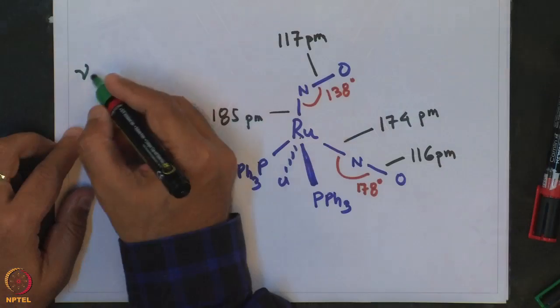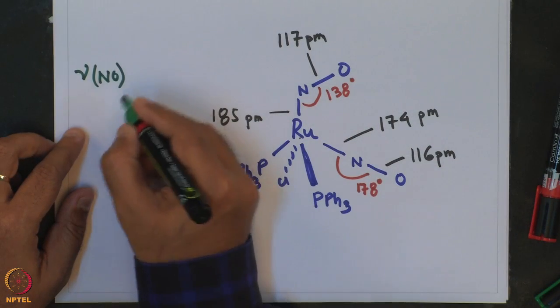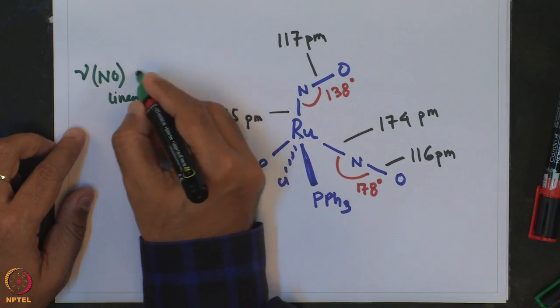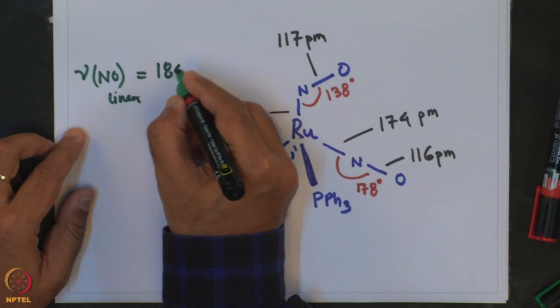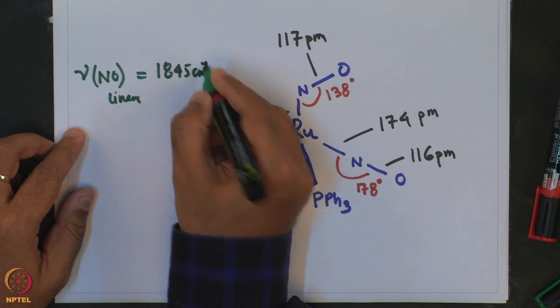So, for example, let us look at the infrared frequencies over here too. Nu NO linear is 1845 centimeter inverse.